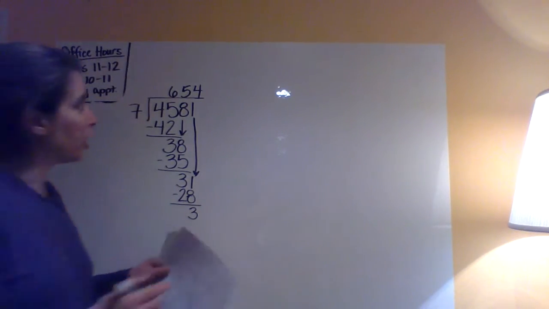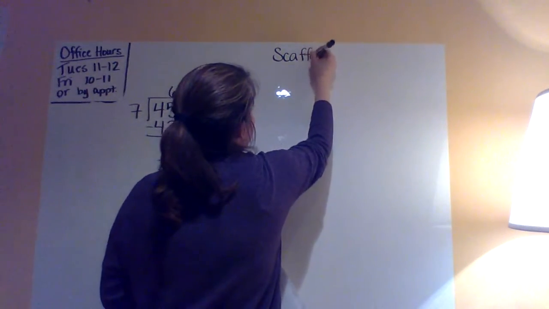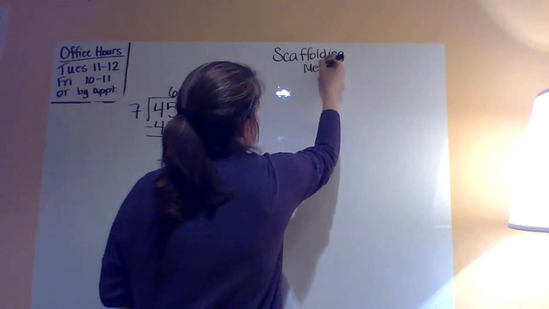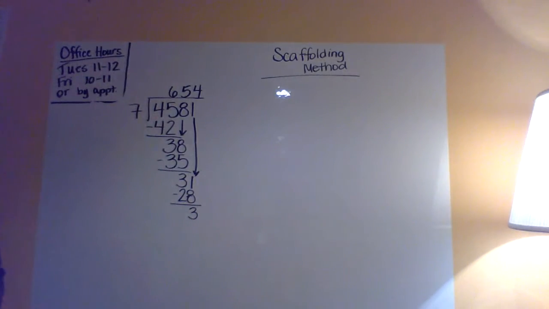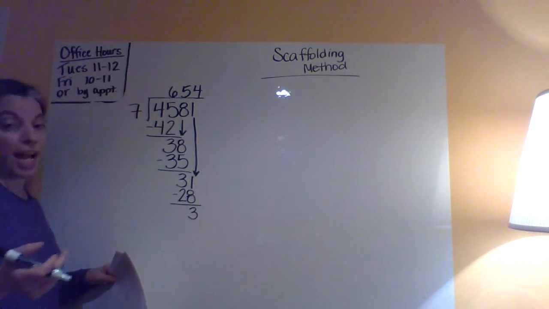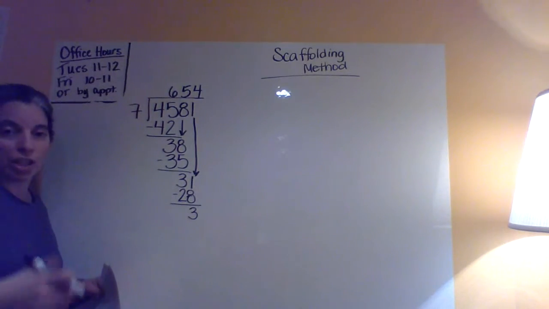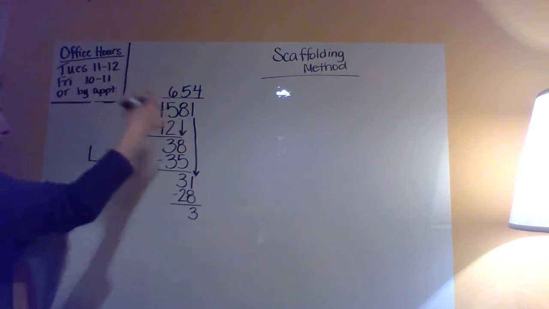Okay, so now let's look at this method that's called the scaffolding method. And I was also telling the students in the Zoom meeting today that over the years, when I've had students who are international students or learned long division in another country, often it's written in the opposite order.